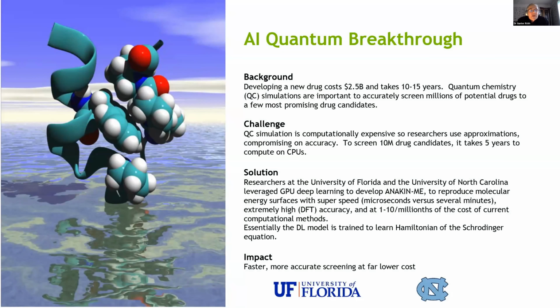Now let us look at an example here of computational chemistry. In computational chemistry, we have a software called ANI-Chemy, developed by the University of Florida. Basically it will compute, from high fidelity DFT data that is used for training, the energy surfaces of these quantum chemical simulations.